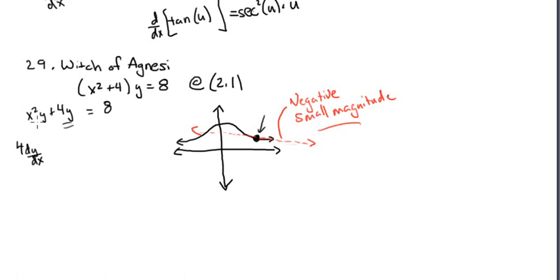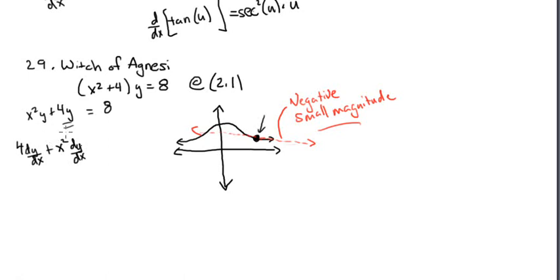Then the second term we are going to add. Now we have to use the product rule. We have x squared as my first function, and my second function is this unknown function y. So I hold one constant and then take the derivative of the other. So I'll hold x squared constant and multiply it by the derivative of y.